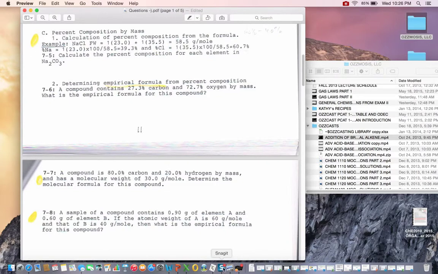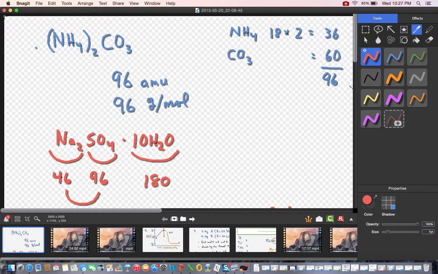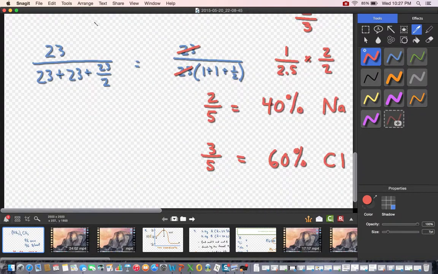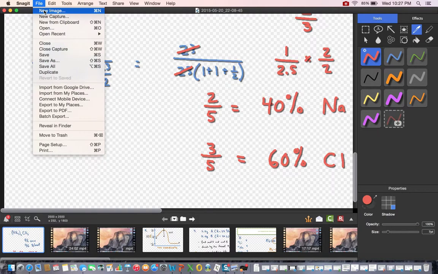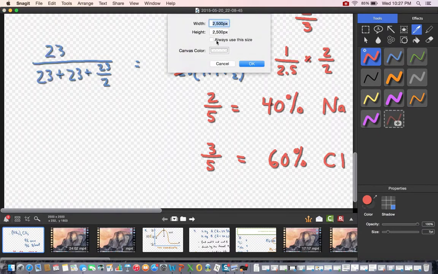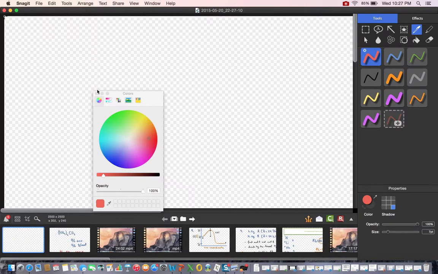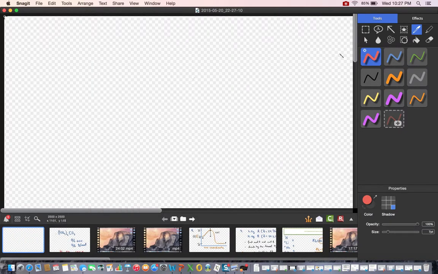Now, there's a couple things that as a chemist I would think about early and often. And one is, what kinds of compounds do I know that exist in nature that have only carbon and oxygen? And honestly, I can think of only 2. One would be CO and one would be CO2.